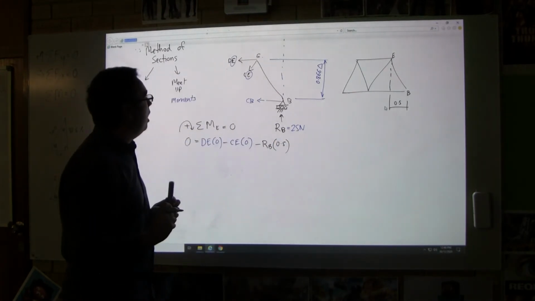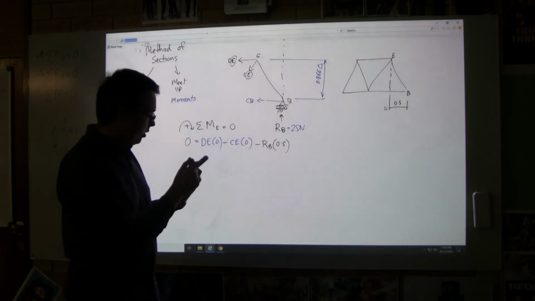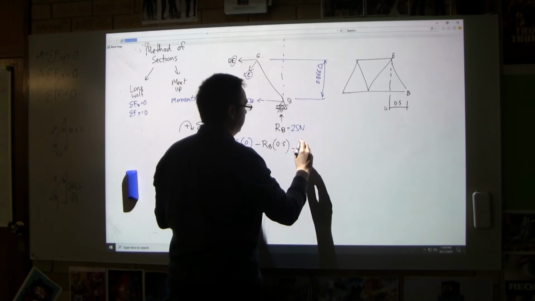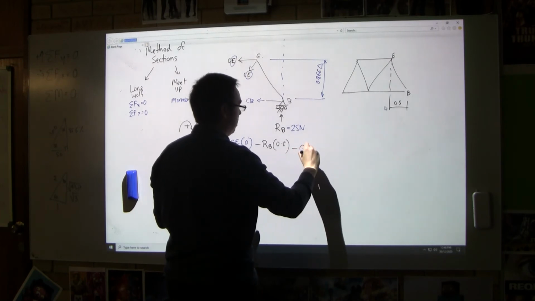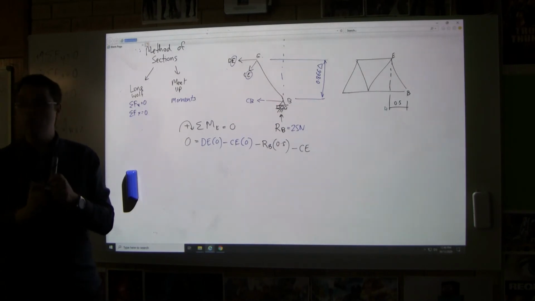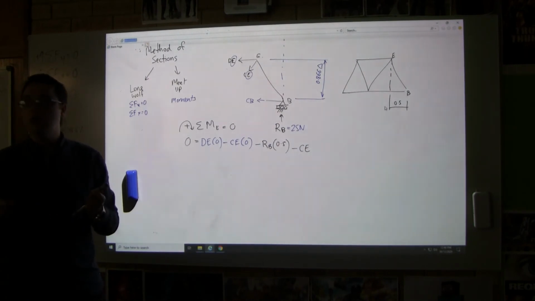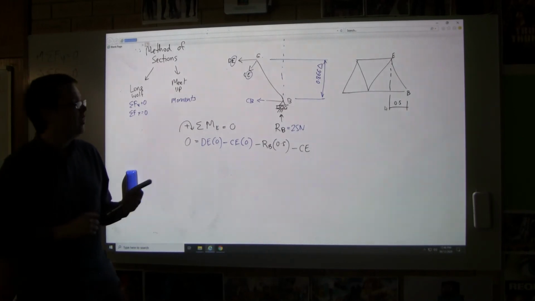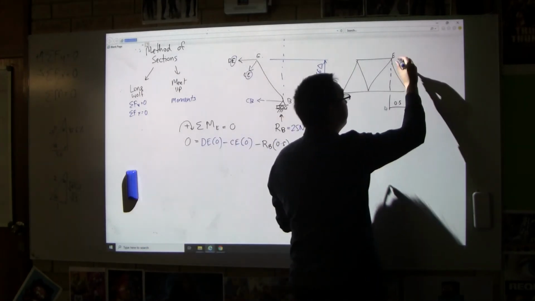And then we have one other force, which is CE. Now, I've told all the minions to pull, and if it's pulling, it's in tension. So I'm going to assume that it's in tension. Now, how far away is CE from E?